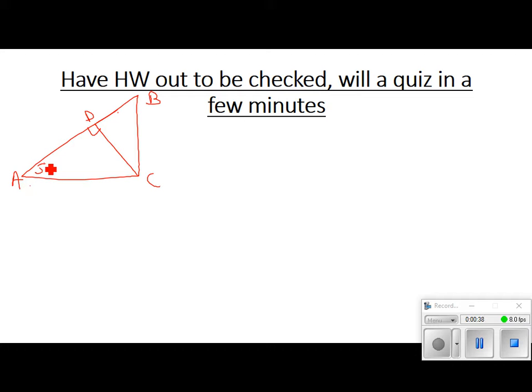What are the little letters on there? Y. X. Together that is C. And between B and C is little a.